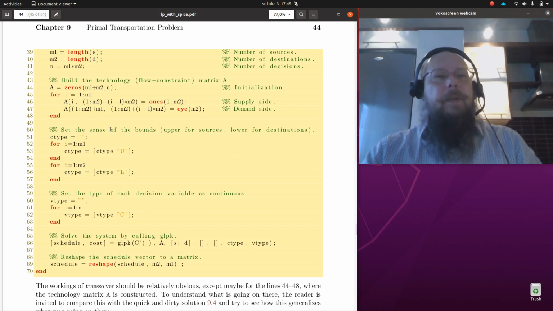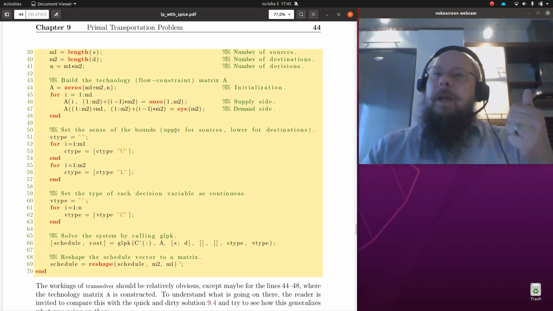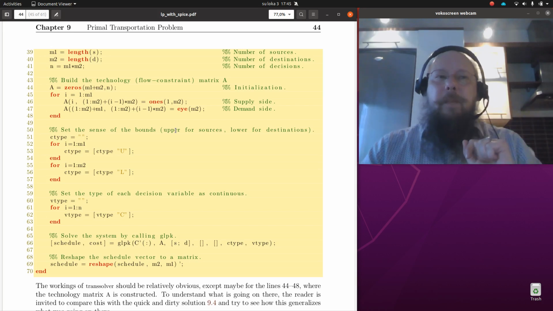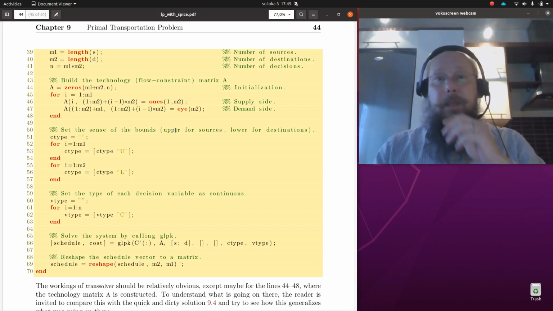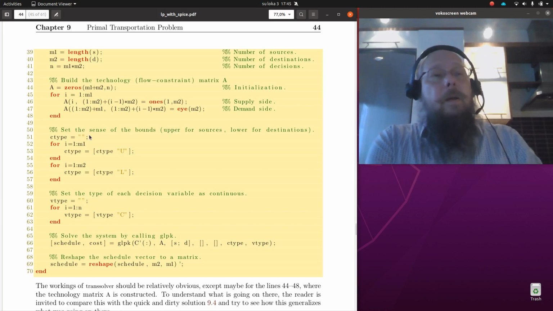What then happens? Then I set the sense of the bounds. So we have upper bounds for supplies and lower bounds for demands. And this is done with a construct that we have seen before. So first I start the C type, the constraint type, to be an empty string, there's nothing there yet.